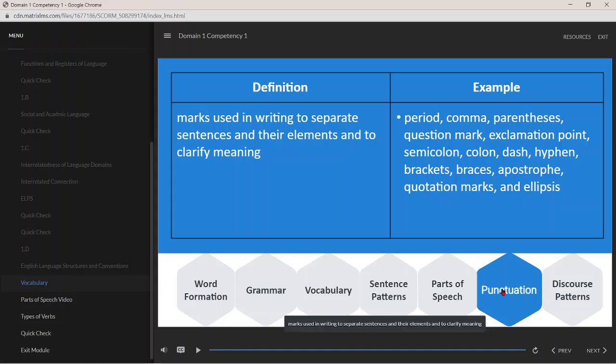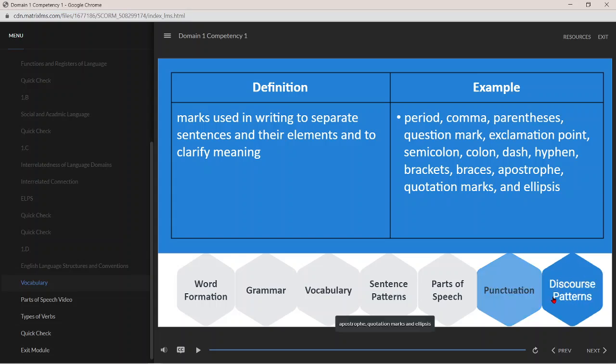Definition: marks used in writing to separate sentences and their elements and to clarify meaning. Examples: period, comma, parentheses, question mark, exclamation point, semicolon, colon, dash, hyphen, brackets, braces, apostrophe, quotation marks, and ellipsis.